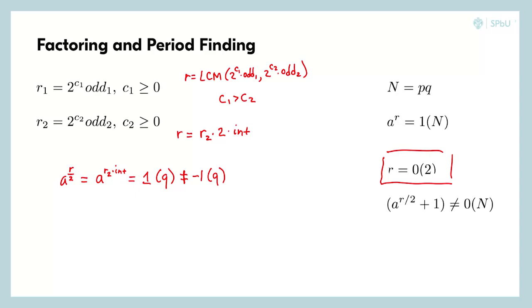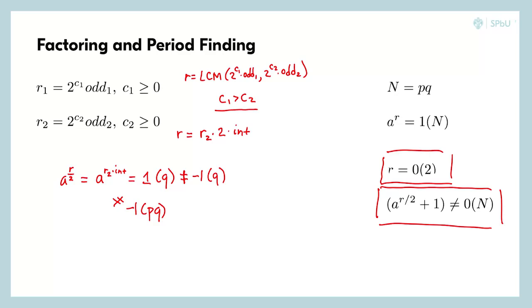And this means that it also does not equal minus 1 modulo pq, and we see that the second condition is also met only if we have inequality of these powers of 2 in numbers r1 and r2.